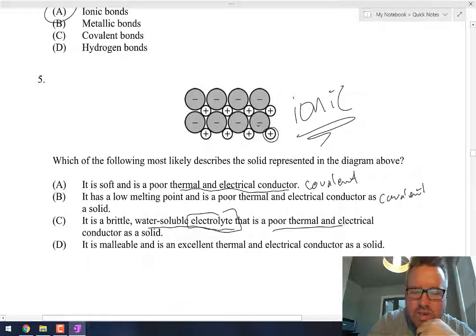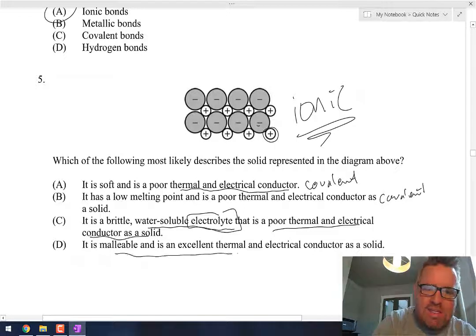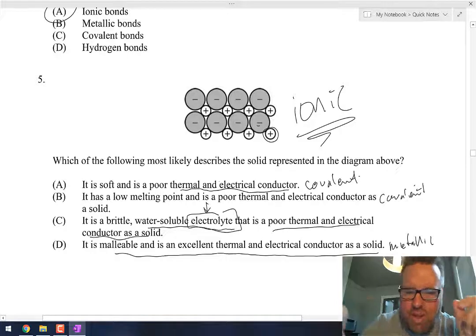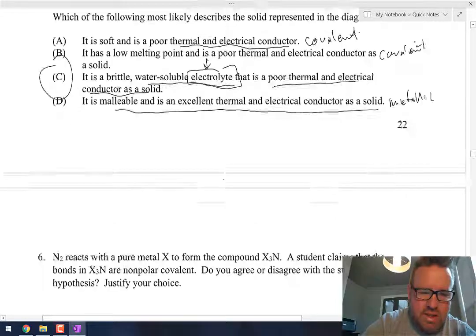Okay, that is also a poor thermal and electrical conductor as a solid. That's a little bit better. Okay, malleable and an excellent thermal electrical conductor as a solid. Again, we know that is metallic. Okay, so we know it's not A, we know it's not B, it's not D. We haven't learned about the term electrolyte yet, but we will here shortly. But the correct answer is C.